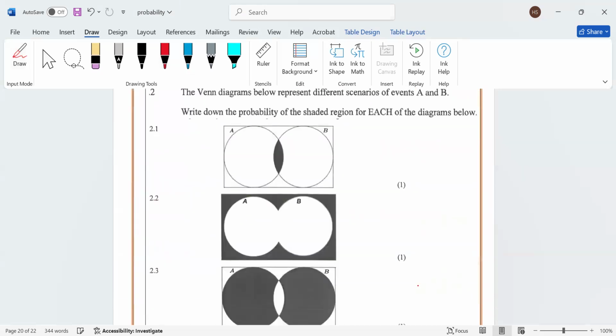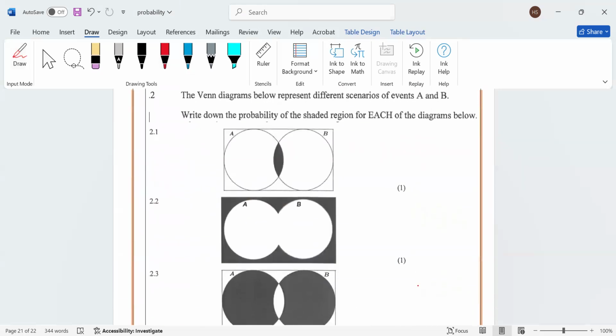Okay, let's go down then. On number 2, they say the Venn diagram below represents different scenarios of events A and B. Write down the probability of the shaded region for each of the diagrams below. What is the shaded region representing? What does 2.1 represent?